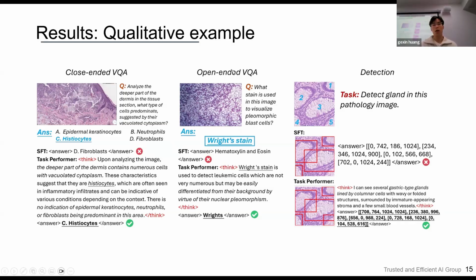And also in the open-ended VQA, the SFT cannot predict the correct answer, but after thinking, it will know this task is very easy to do, and it will allocate a lower token count and generate the correct answer. And for the detection also, after the task performance, it can generate the correct bounding box.